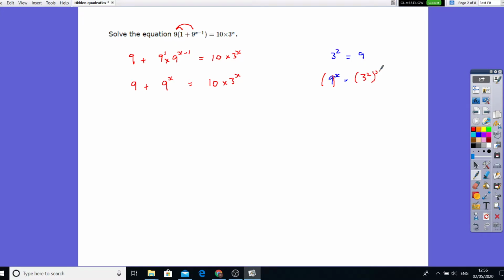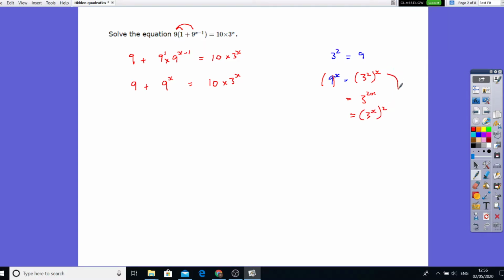Then the x is out there, and you know that this is the same as 3 to the 2x. And what I'm going to do furthermore, I'm going to then rewrite this as 3 to the x with the 2 outside.